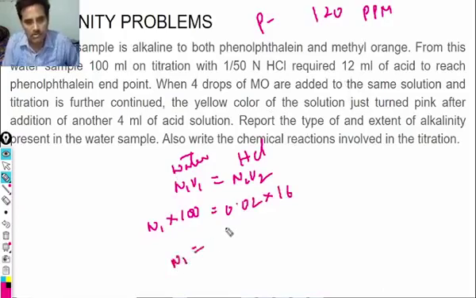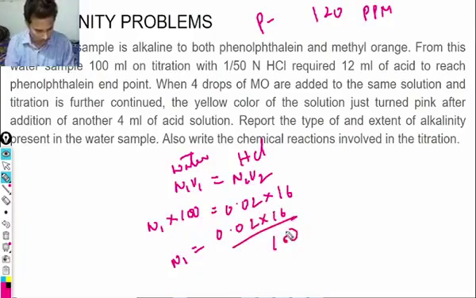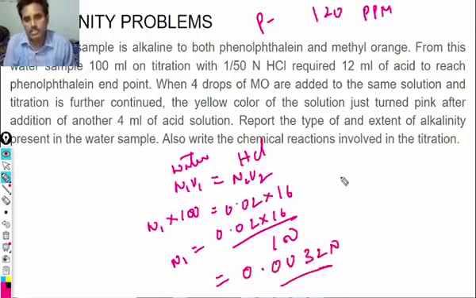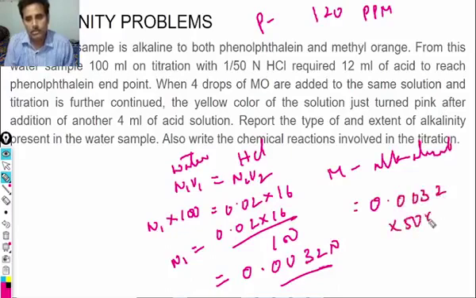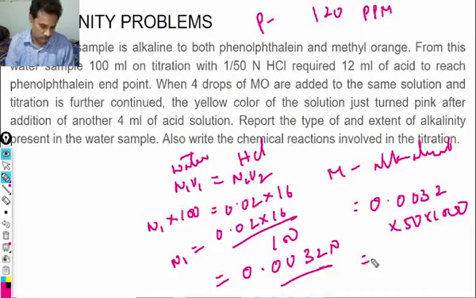So N1 equals 0.02 into 16 by 100, which gives 0.0032 N. So methyl alkalinity equals 0.0032 into 50 into 1000, which gives 160 ppm.